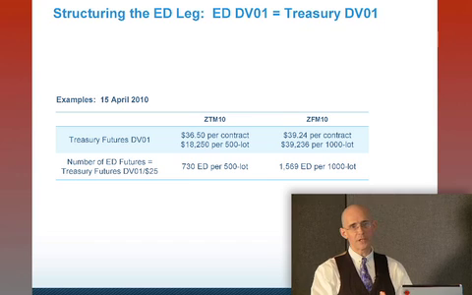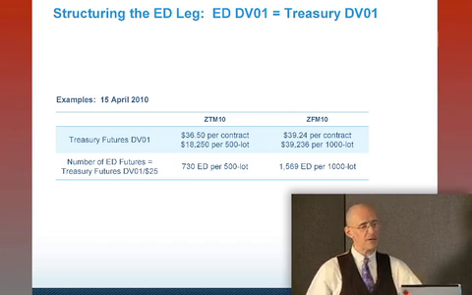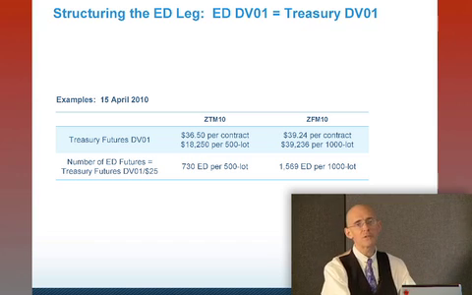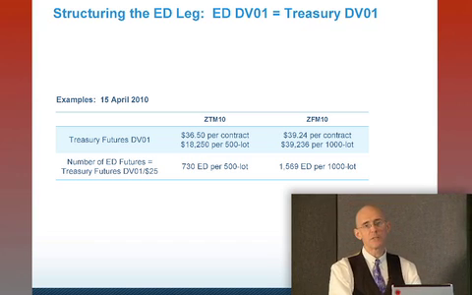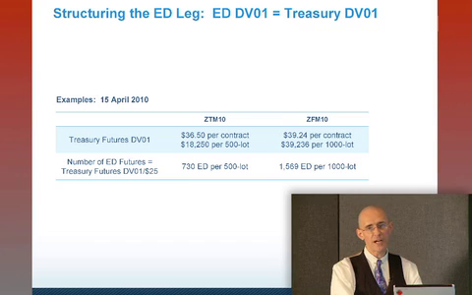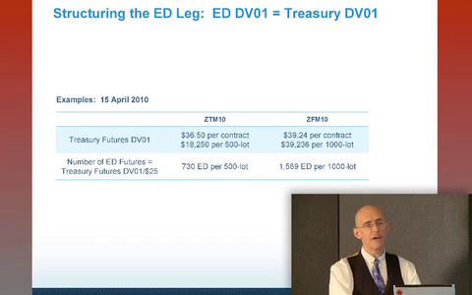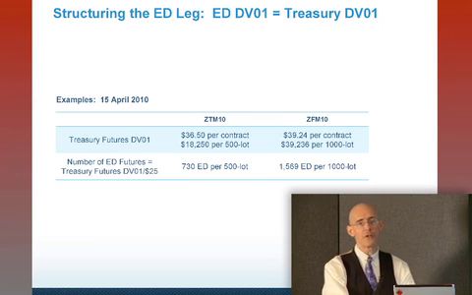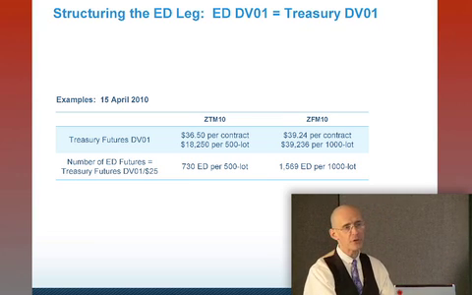What's the DV01 for a euro-dollar future? $25. Divide that through and bingo, you get 730 euro-dollars that you'd need to bump up against 500 2-year futures. And that can be 730 of your favorite euro-dollar future, the expiry of your choice.